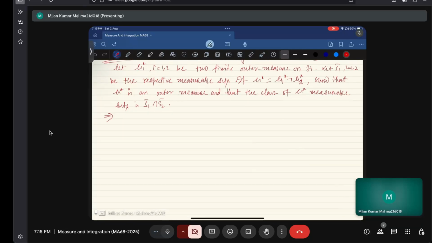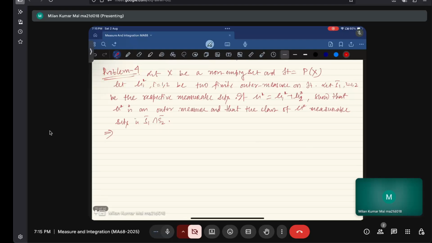So this is the problem. It says that suppose we have a non-empty set and H is the full power set, and mu1 star and mu2 star are two finite outer measures on H. Obviously H, the power set, will be hereditary, because every subset is there, so countable unions and everything will be there.